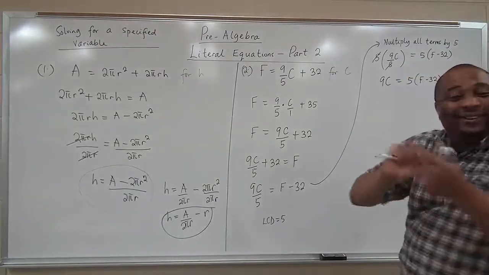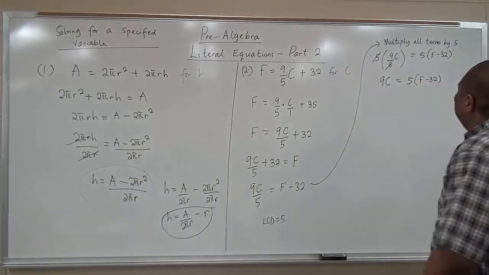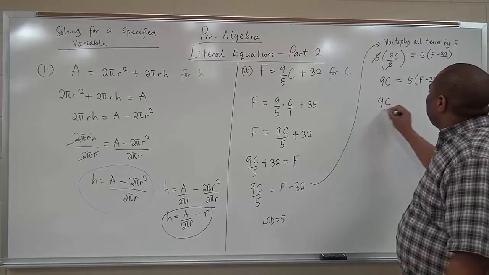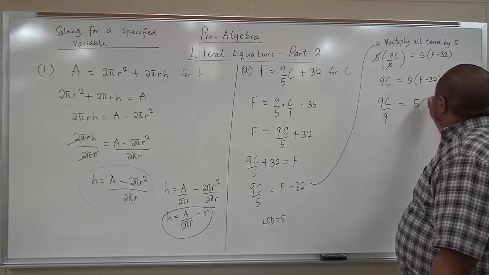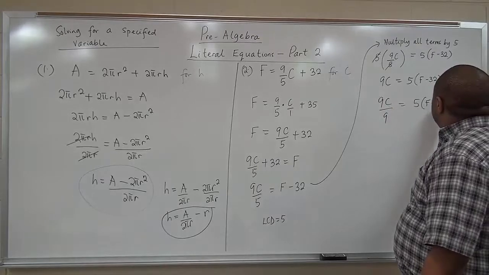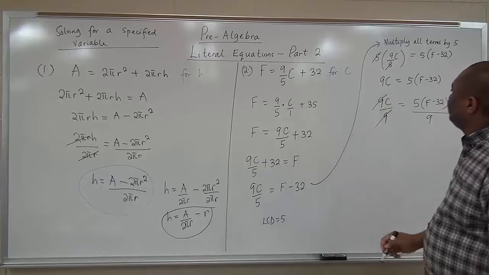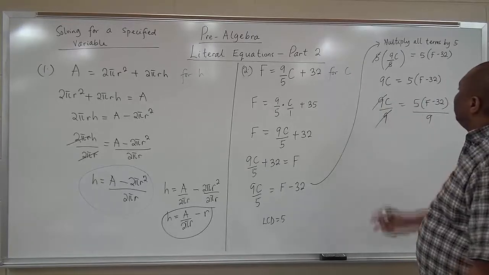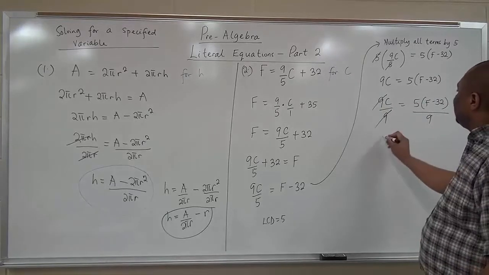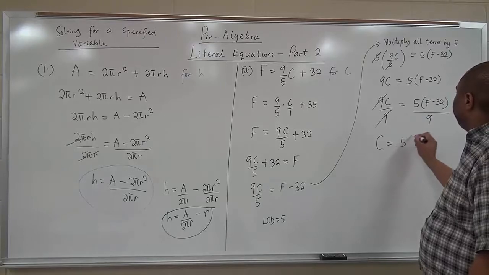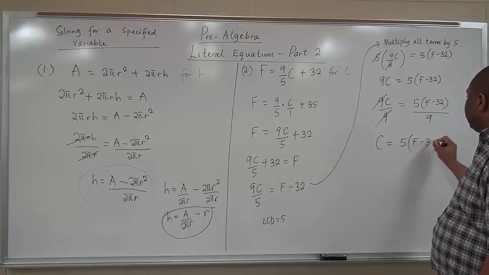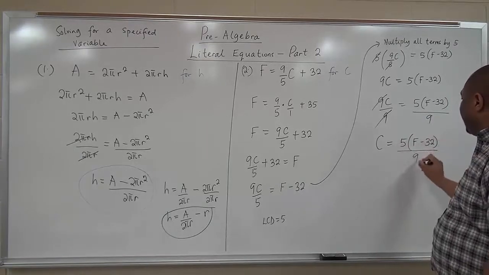So you write down what I'm saying. You now divide both sides by 9, and this is everything divided by 9. So 9 will cancel 9, and 9 divided by 9 is 1. You now have that C is equal to 5 times F minus 32, all divided by 9.